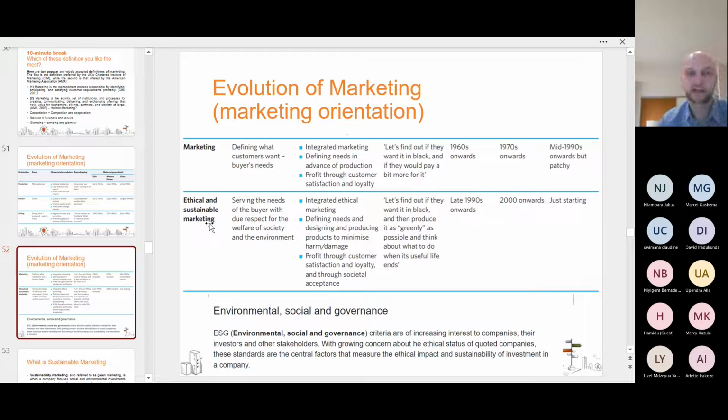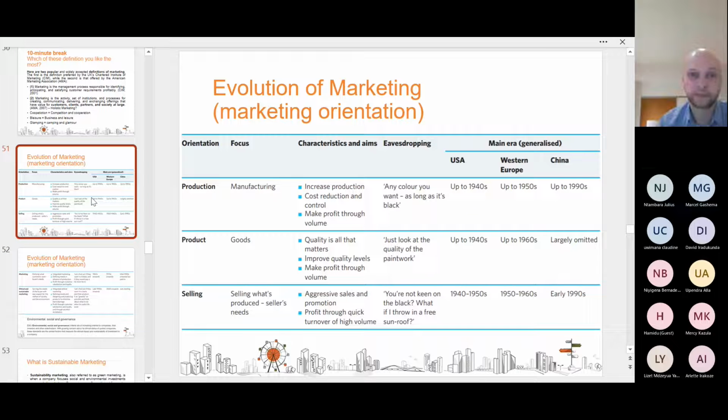But of course, marketing is being developed, and we have sustainable marketing, holistic marketing, marketing 3.0. So there are so many concepts, but these are the most common and basic concepts of marketing that are well accepted by everyone, including corporations and scientists.